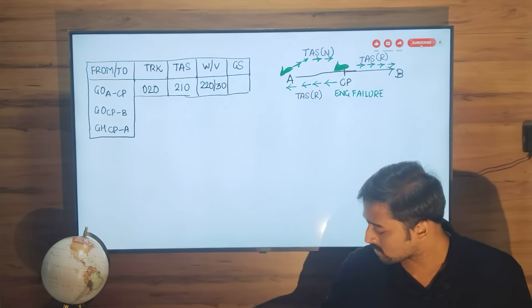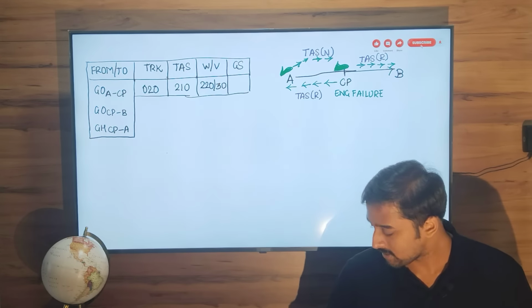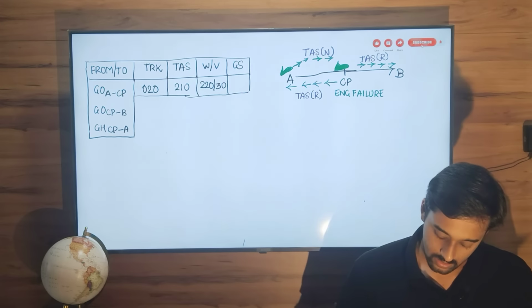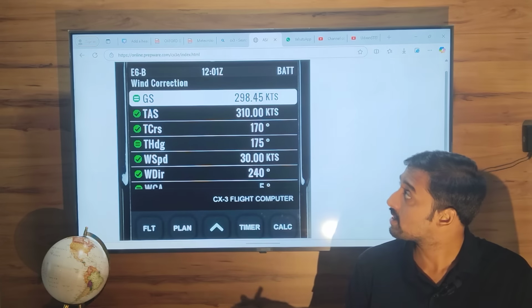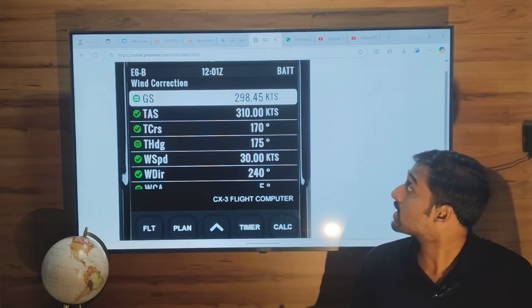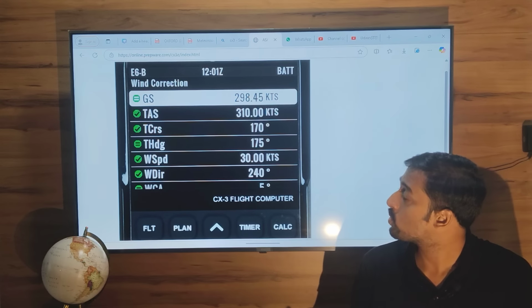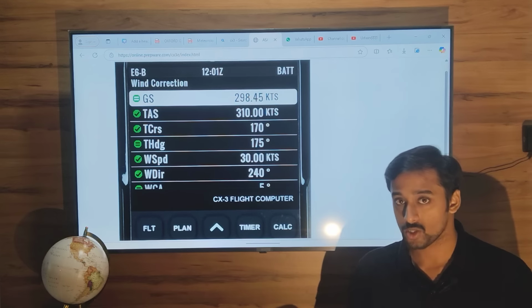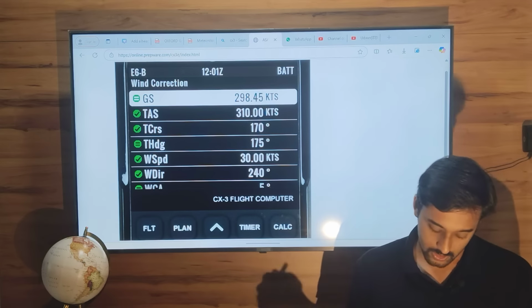Let's use your CX3 calculator. Over here on your CX3 calculator, you have true speed given, true course given, wind speed and wind direction. So we will substitute the values.